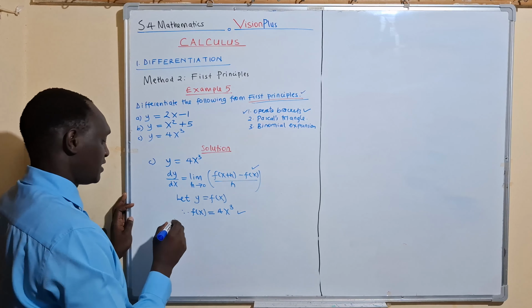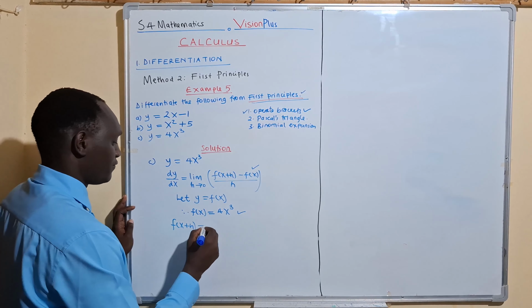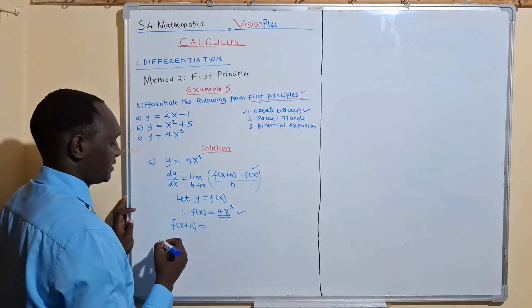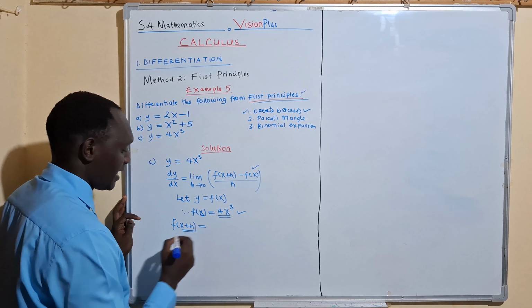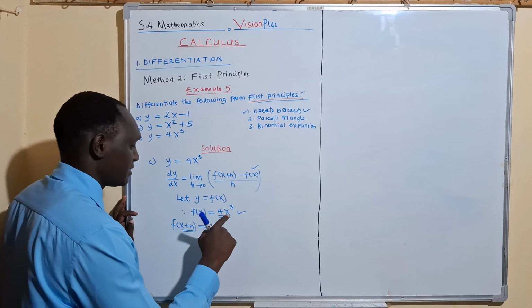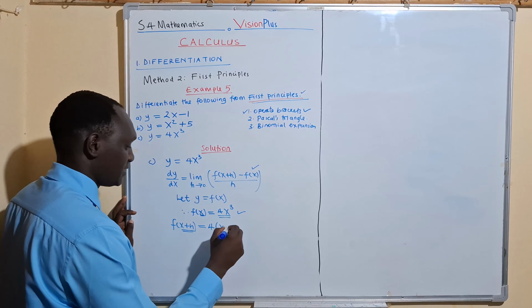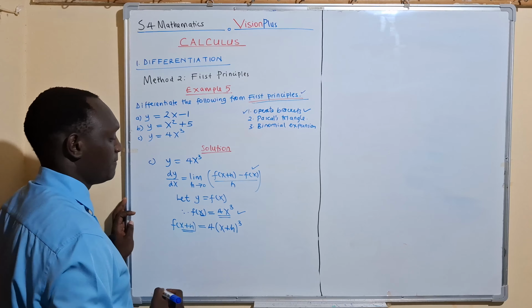Now we are left with f of x plus h. For us to get f of x plus h, we use the function f of x, where we find x, we substitute for it as x plus h. So here we shall have 4, and where x is, we put x plus h, but this is cubed.